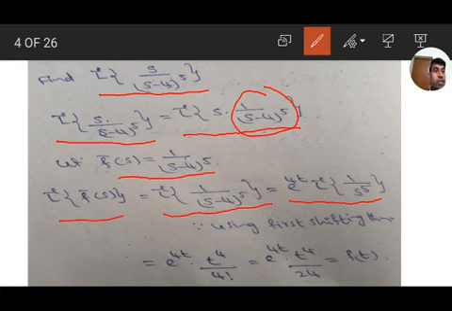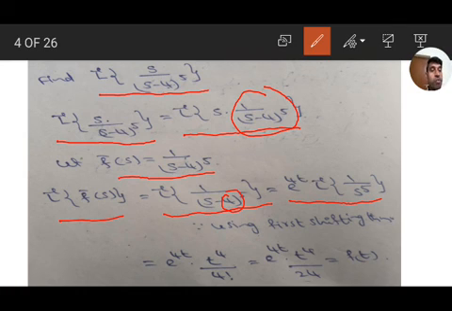What is the first shifting theorem? L inverse of f bar of (s minus a) is e to the power of at into L inverse of f bar s. Here a means 4. So e to the power of 4t into L inverse of 1 by s to the power of 5, by using the first shifting theorem we discussed in the previous classes.